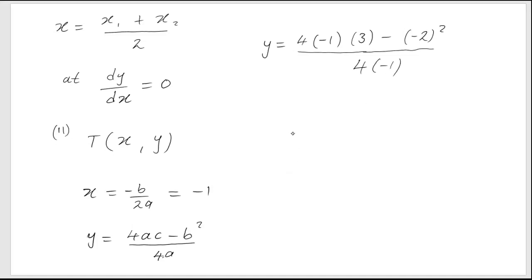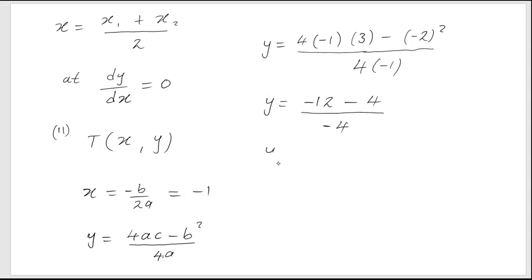Then y is going to be 4 times negative 1 times 3, that gives us negative 12. Then minus negative 2 squared, that is positive 4, in brackets. So we have positive 4 over 4 times negative 1, that will give us negative 4.